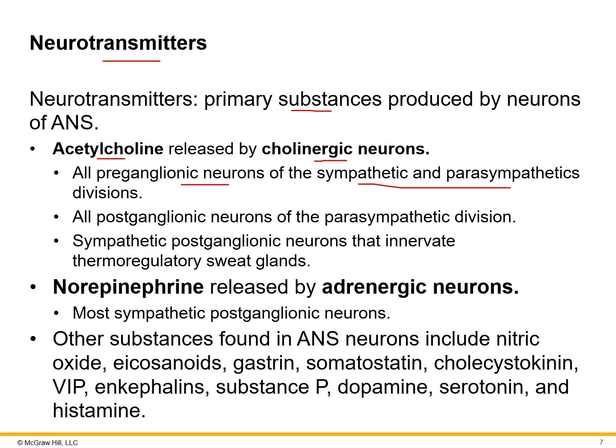And then acetylcholine by cholinergic neurons is also all the postganglionic neurons, but only of the parasympathetic. Then sympathetic postganglionic neurons are releasing acetylcholine by cholinergic receptors that innervate thermoregulatory sweat glands. So not all of them, just those involved in sweat glands.